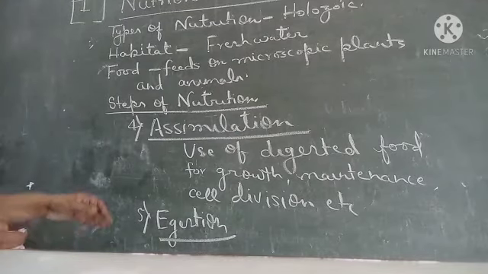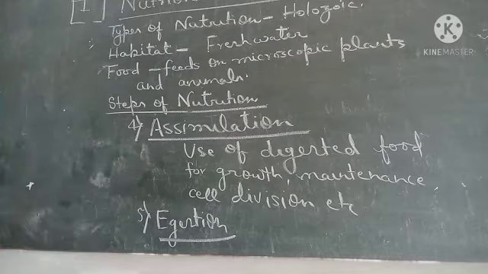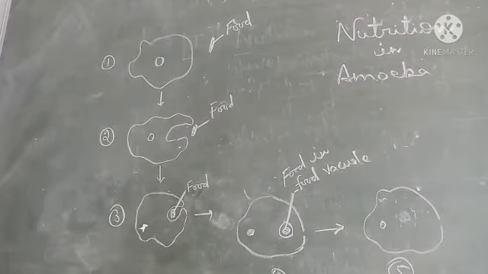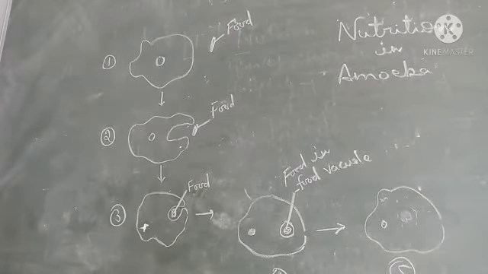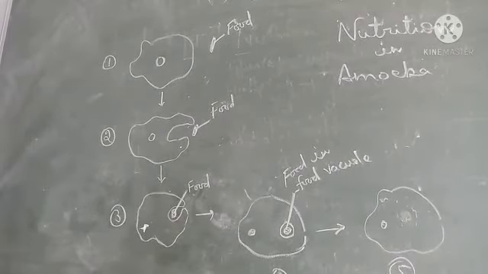Now, look at these steps in diagrammatic form. Now you can observe nutrition in amoeba in its diagram. In the first diagram you can see a food. As food reaches near the amoeba body, what happens?